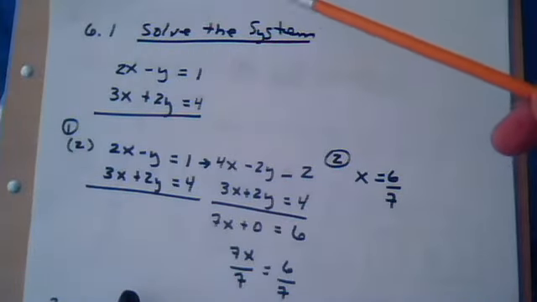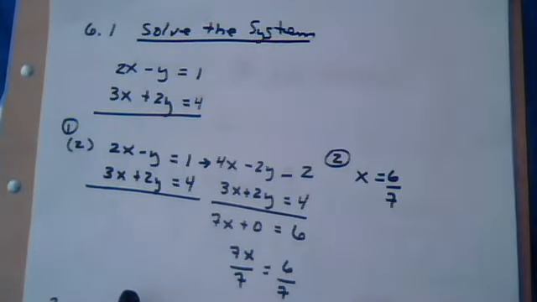So when we say we're going to solve a system of two equations, we're going to find out whether these two lines represented by these equations are intersecting at one point, not intersecting, or intersecting an infinite number of places.